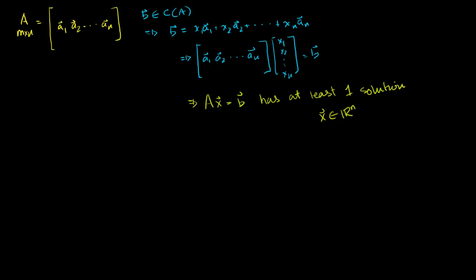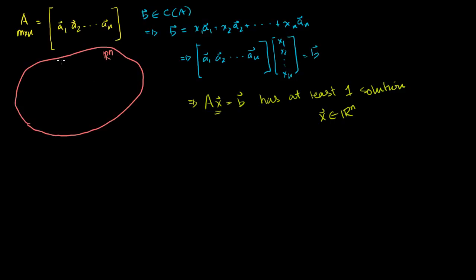Now, let's draw Rn. Any solution to this equation right here is going to be a member of Rn. Remember, this was an m by n matrix. We had n columns. So this has to be a member of Rn right there. So let's draw Rn. So Rn maybe looks like that. And let's look at some of the subspaces that we have in Rn.